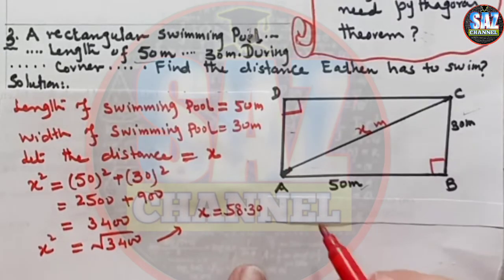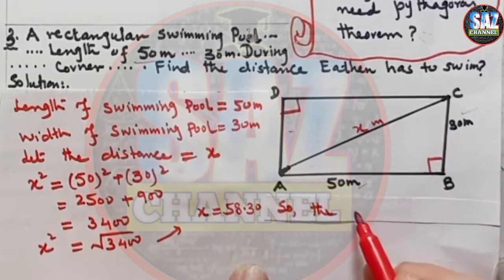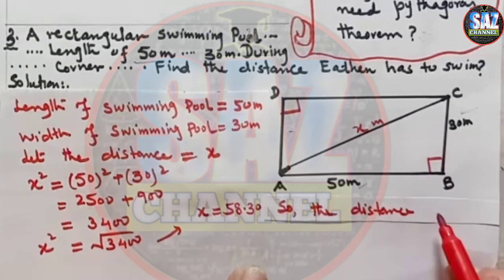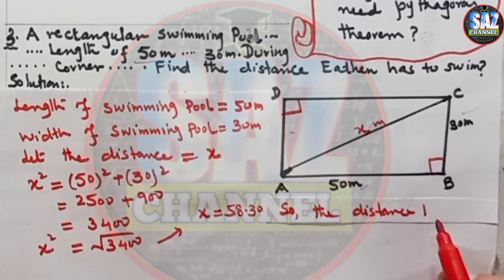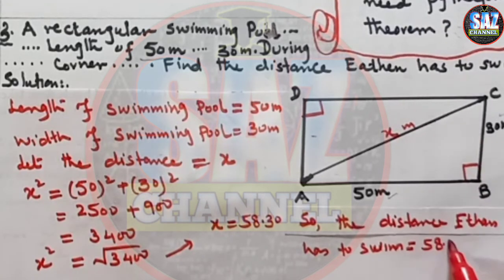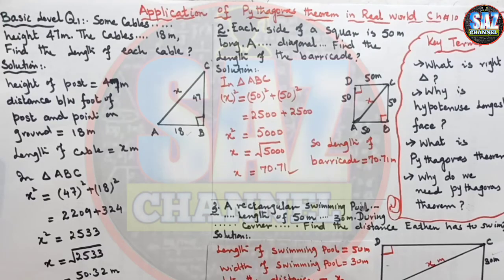So the distance Ethan has to swim equals 58.30 meters.